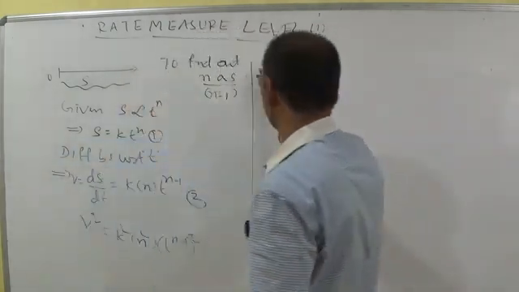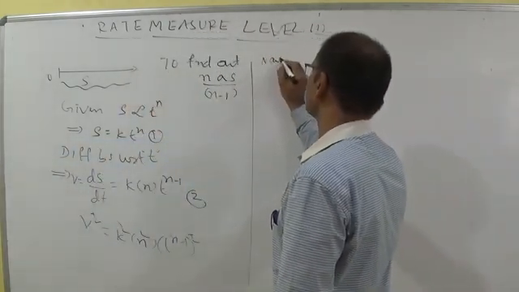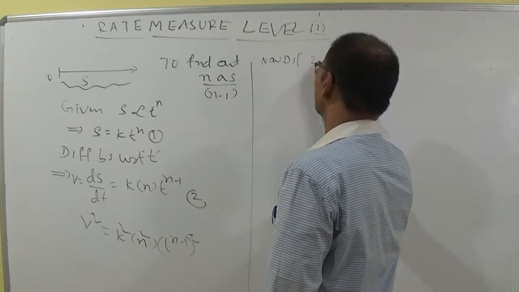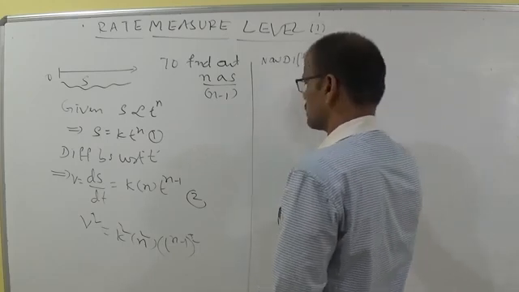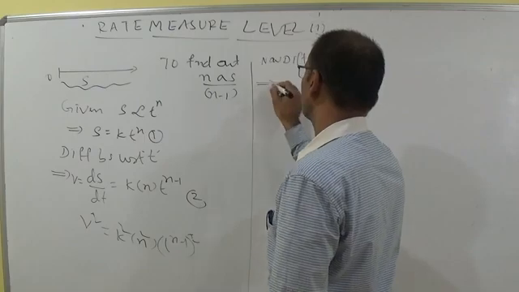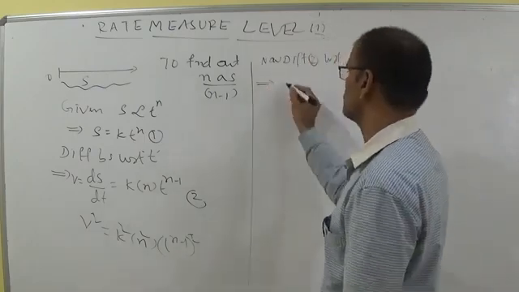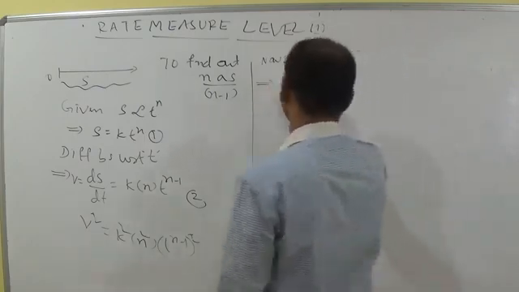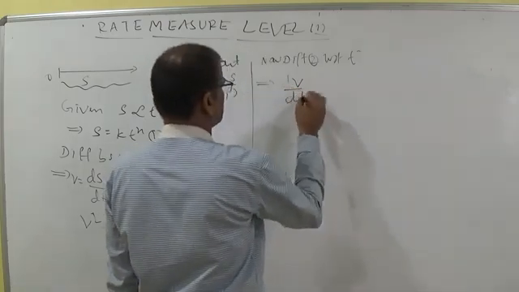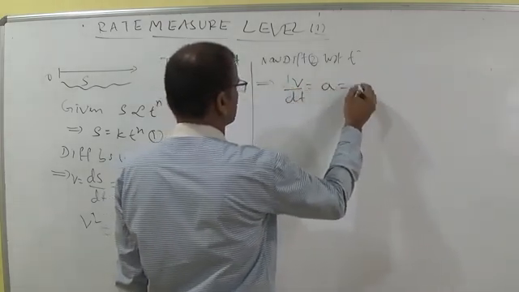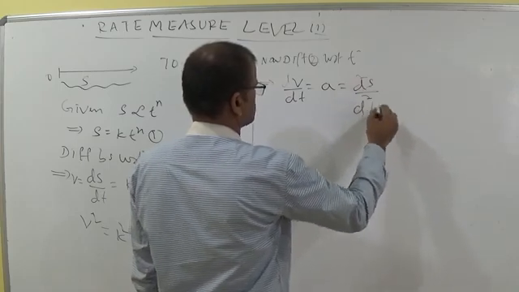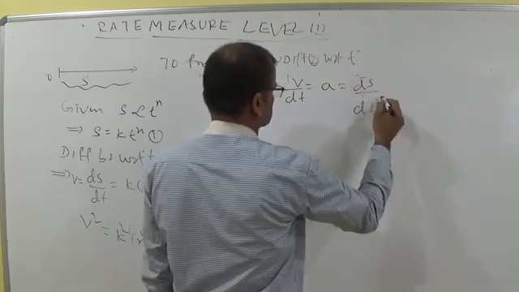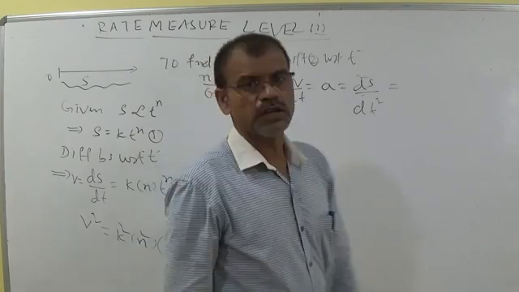Now differentiating both sides again with respect to t. The derivative of velocity is acceleration. This is dv by dt, indicated with the letter a, and it can also be written as d square s by dt square.